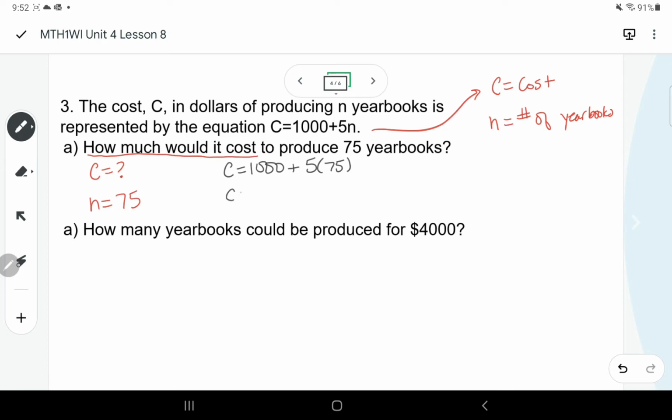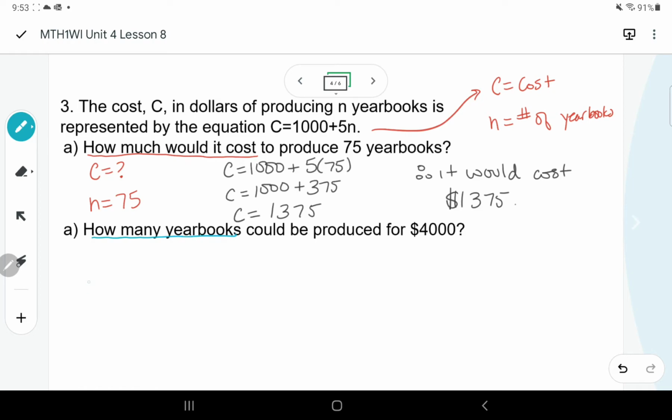And sometimes it's as simple as this, and we just need to evaluate the formula. So plus 375 when I multiply, so 1,375. And I can write a therefore statement because this is about the number of yearbooks. Therefore, it would cost $1,375.